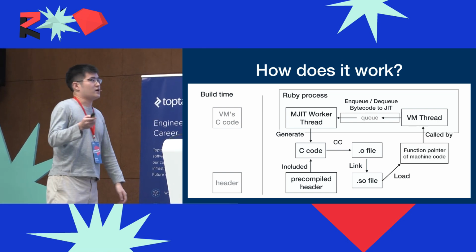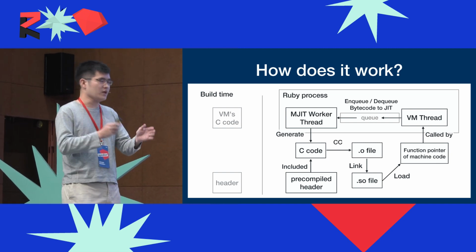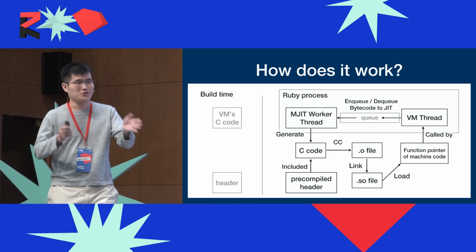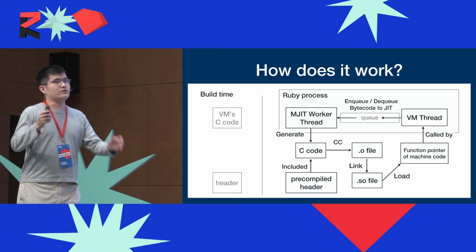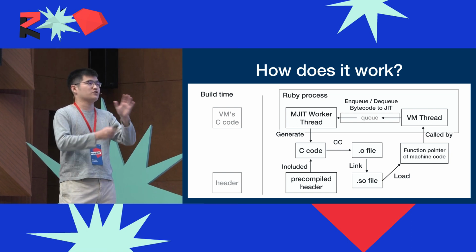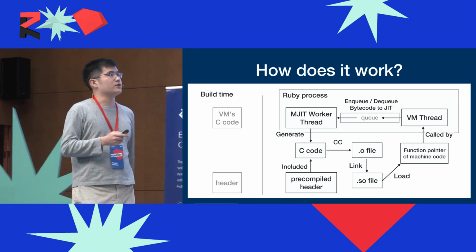Then it loads it into memory with the function called dlopen, but you don't need to know the underlying functionality. Anyway, it yields a kind of function pointer, so that the virtual machine can call it directly.